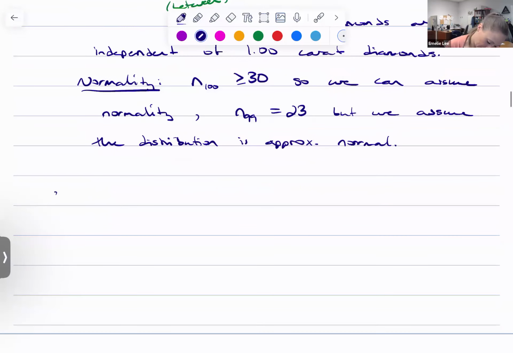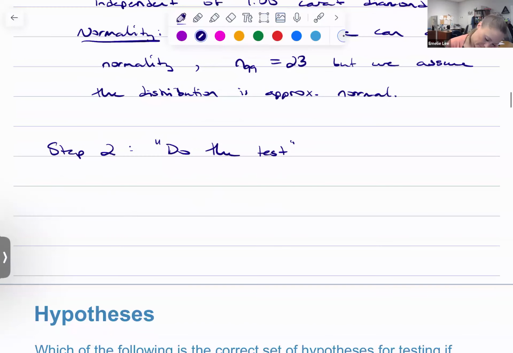Okay, now we're ready for step 2. Do the test or calculate the test statistic. T is x1 bar minus x2 bar. I'll write the generic formula out first.